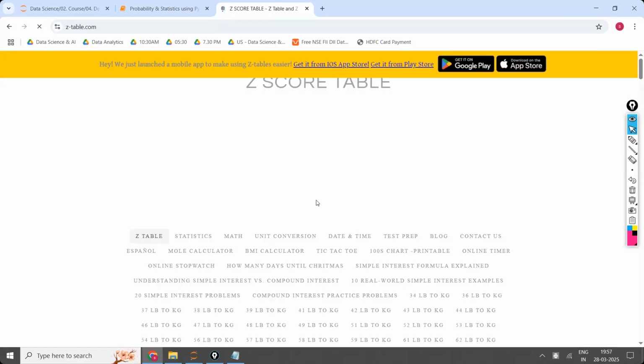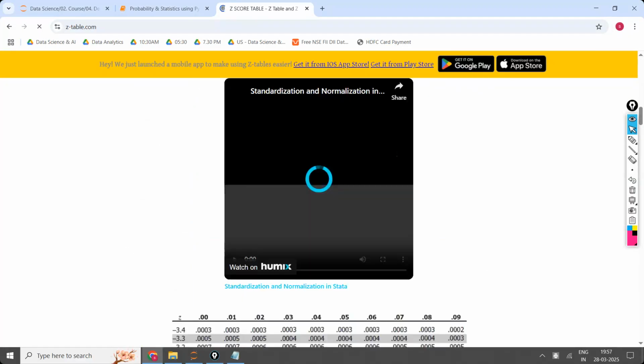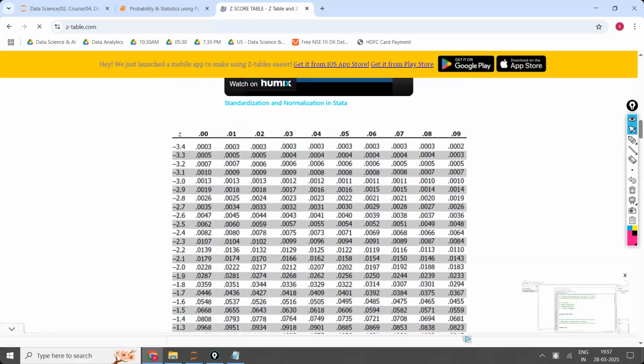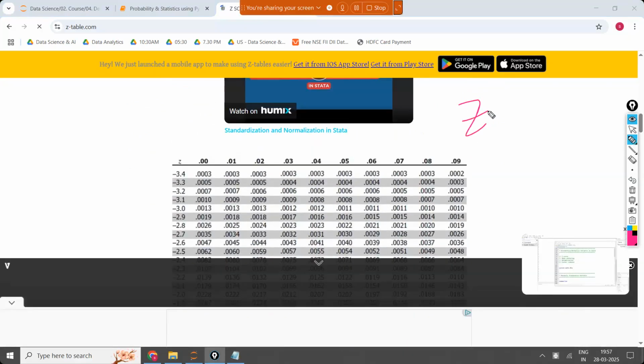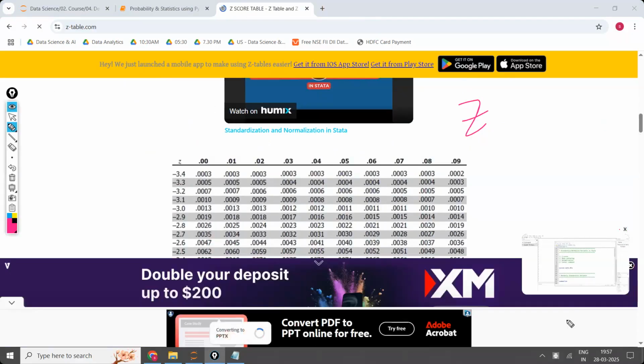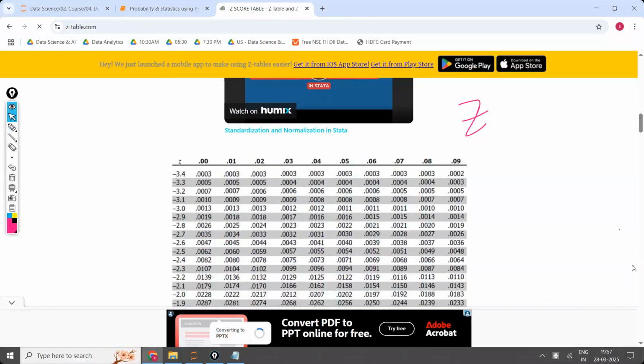In the Z table, let's take one example so that we can cross check ourselves. I want the Z value equal to minus 2.15.